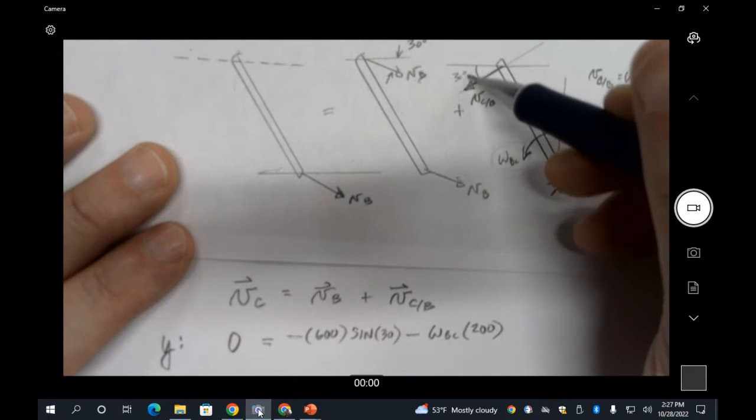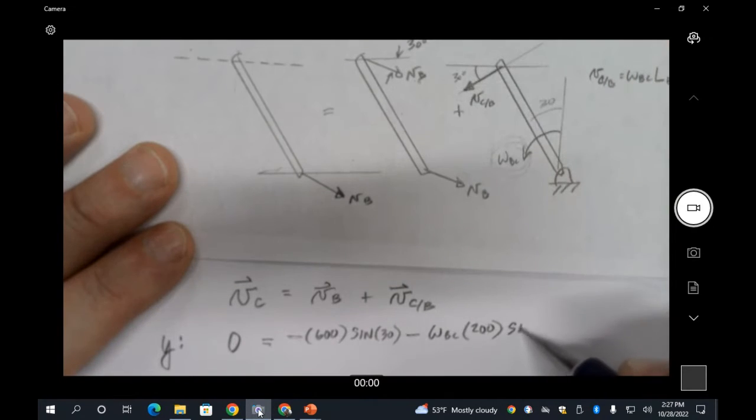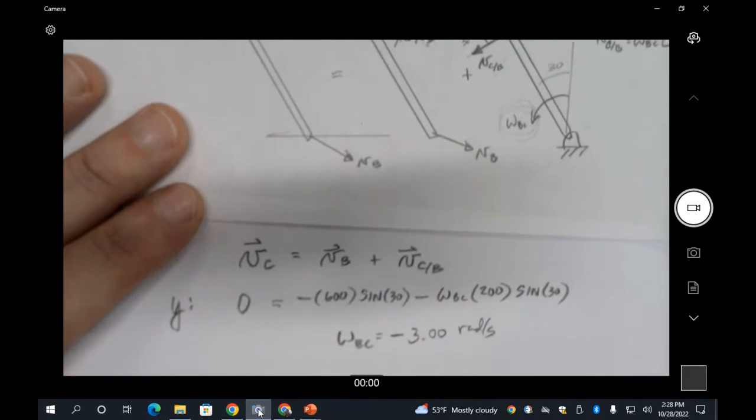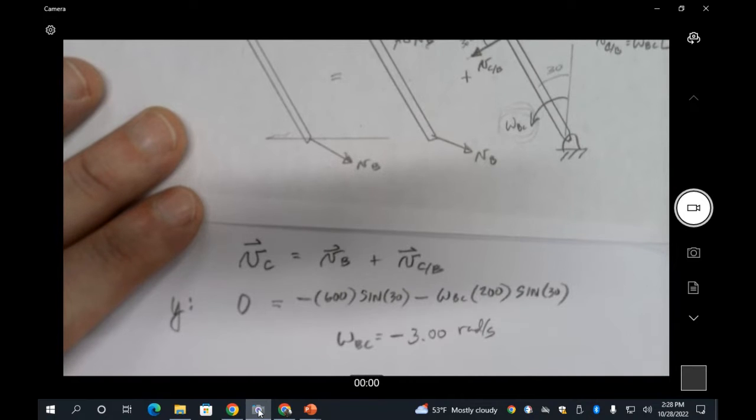But you got to remember, it's only the y direction, so you need to take the sine of 30 right here. So our conclusion is that omega BC is going to end up being negative, and you can see that the sines are going to cancel out, so it's pretty easy to see that we're going to get negative 3 radians per second. So it wasn't going in the direction that we thought. Sorry, here, let me move this back up.